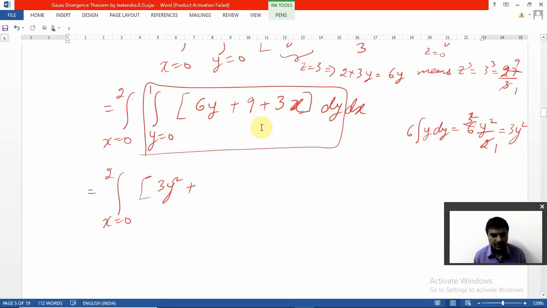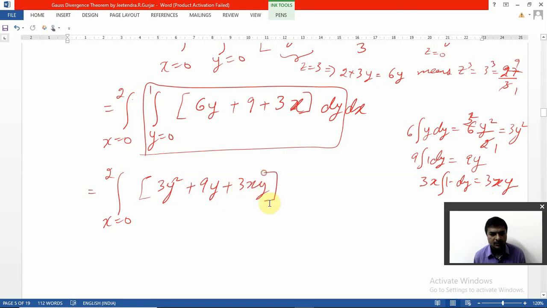Plus 9 is constant, so integration of 1 gives 9y, plus 3x is again a constant, so integration of 1 dy will give you 3xy. So plus 3xy I am going to take.